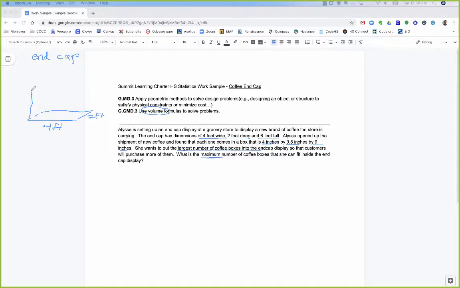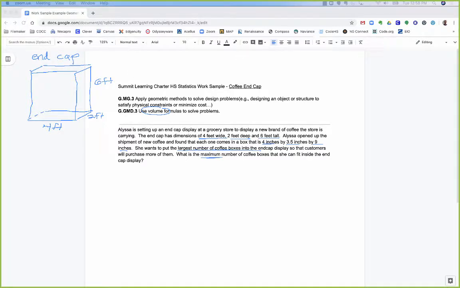So it's kind of like envision a big bookcase, right? An end cap means it sits on the end of a grocery aisle, and it's usually displaying something they want to display. So shoppers walk by and they're like, ooh, that looks nice. So there's our end cap. All the dimensions, 6 feet tall.